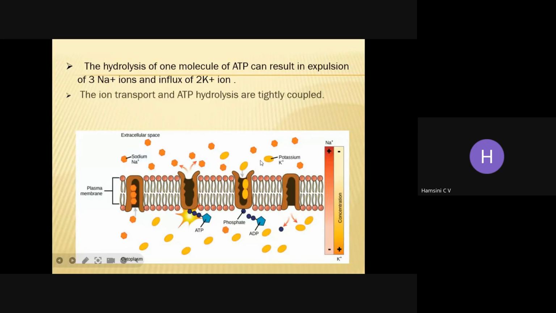Potassium in the extracellular space is less, but in the cytoplasm it is more. So from the extracellular space, it is moving into the cytoplasm. During this exchange, ATP is required for this kind of transport. We call it the sodium-potassium pump. It is a very famous example.